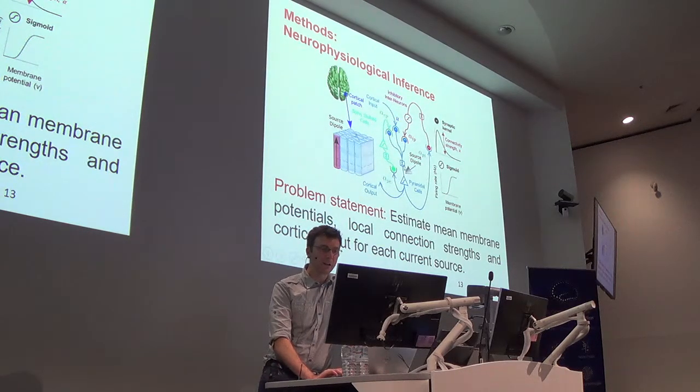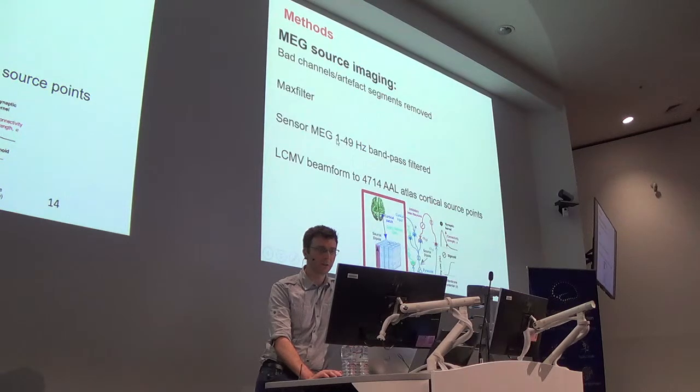What we want to do is estimate the mean membrane potentials of each population within the model, and also the connection strengths between the populations. So these alphas, which you can think of as population level synaptic strengths. And we want to do that for each current source that we estimate. And this is just for the MEG data.